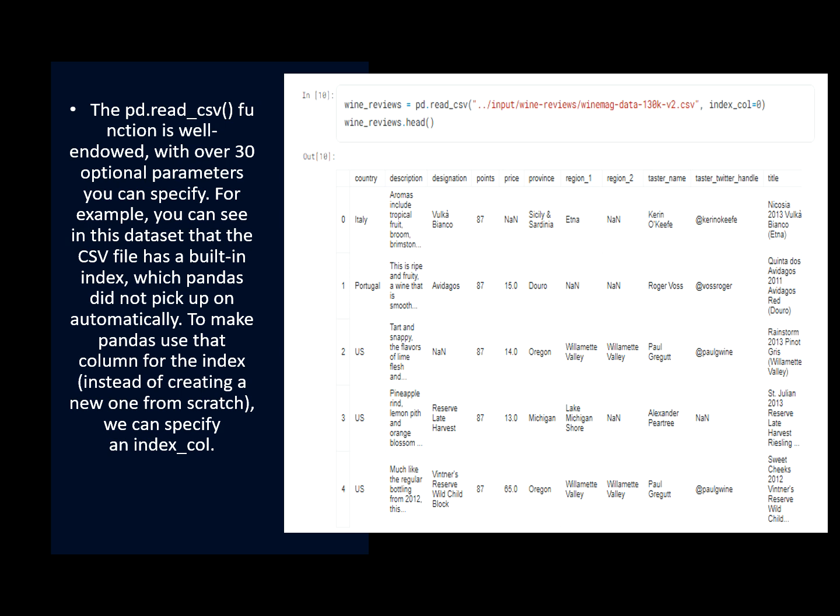To make sure Pandas uses this column for the index, instead of creating a new one from scratch, we can specify an index_col. If we add index_col=0, we're telling Pandas that the index is the first column instead of creating something different. And then when we view head, this will give us the first 5 rows of data.